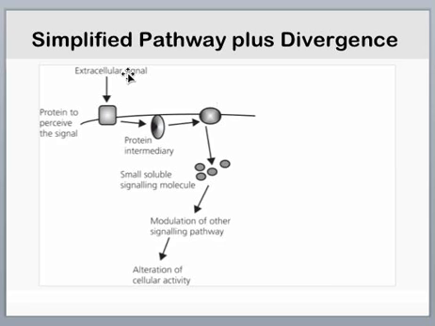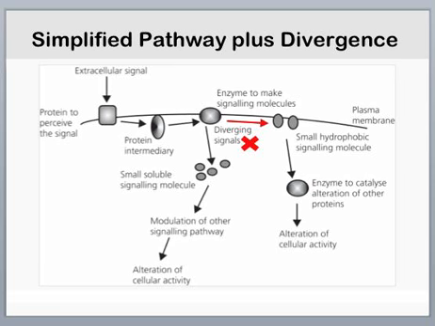We have an extracellular signal binding to a receptor, activating an intermediary protein, which activates an enzyme, which activates some kind of second messenger. But also shown in the textbook is a divergent pathway which is also activated. So in this instance, we're activating another component of a signaling pathway to produce another signaling scheme.